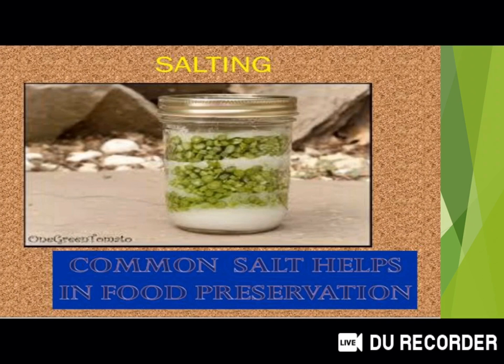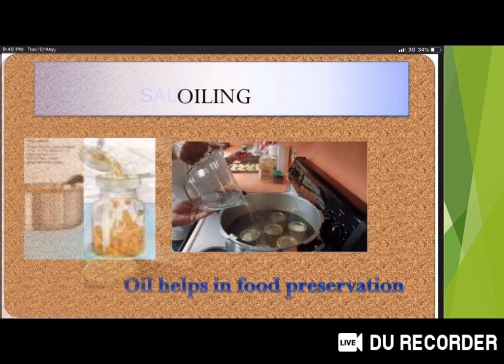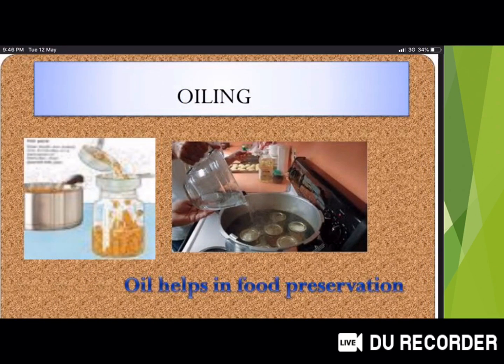Next one is salting. Common salt helps in food preservation and it also kills the germs present on the food items. So this is another method. By adding salt, we can preserve some food items for later use. Oiling is another method.